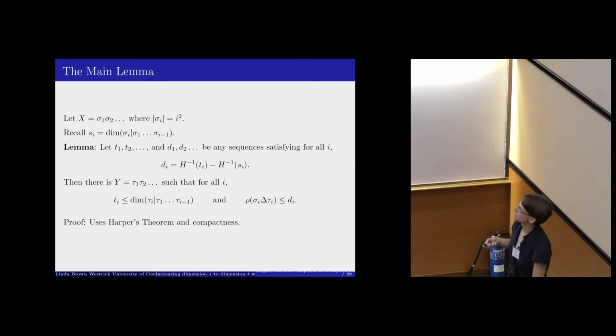All right, but this lemma says that if you pick some desired way of setting your goal for what you want the dimensions of each of the y to be and what you want the distances to be, then as long as it's possible, you can do it. And of course, you can look at the S_i when deciding what you want these t's and d's to be.